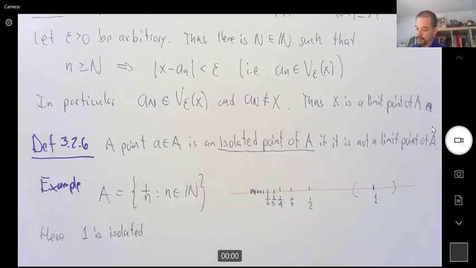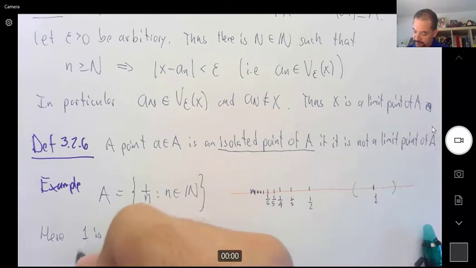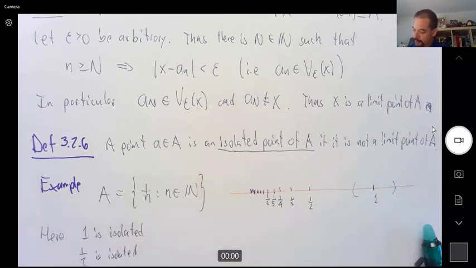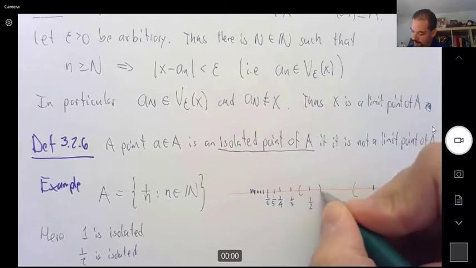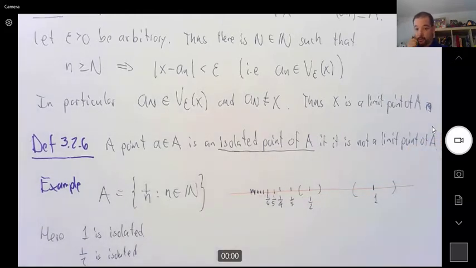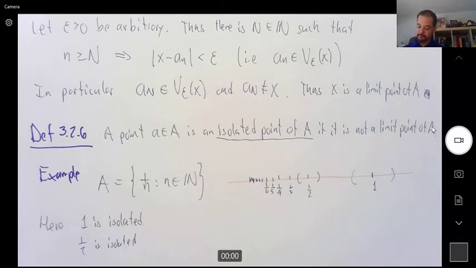So 1 is isolated. 1/2 is also isolated. I just need to look for a smaller neighborhood, but I can isolate 1/2. Here it is, right? With that little neighborhood, 1/2 is by itself. In fact, all of these numbers are isolated, right? All elements in A are isolated.